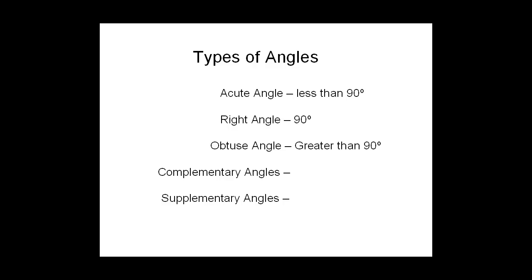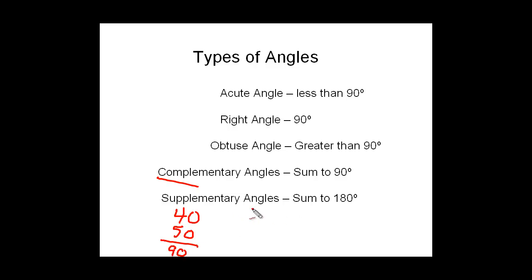Now once you have those down, if you combine two angles together, complementary angles add up to 90 degrees, and supplementary angles add up to 180 degrees. So an example of this was if you have 40 degrees and you want the complement of that, the complement has to add up to 90, so that's going to be 50. 40 and 50 are complementary because they add up to 90 degrees.